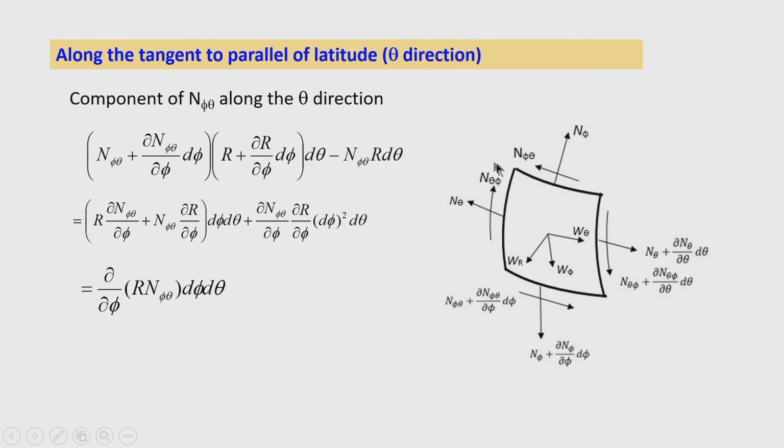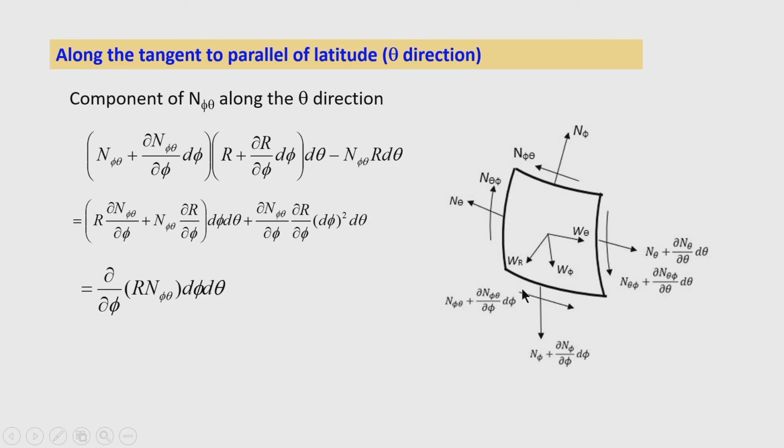First, let us take the component of n phi theta. Here n phi theta is actually in the direction of theta. So, summing up the components acting on the two opposite edges, we can get the quantity.